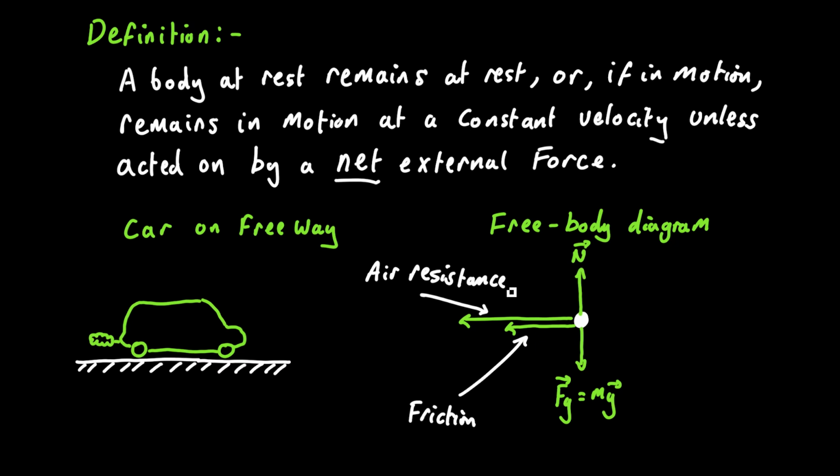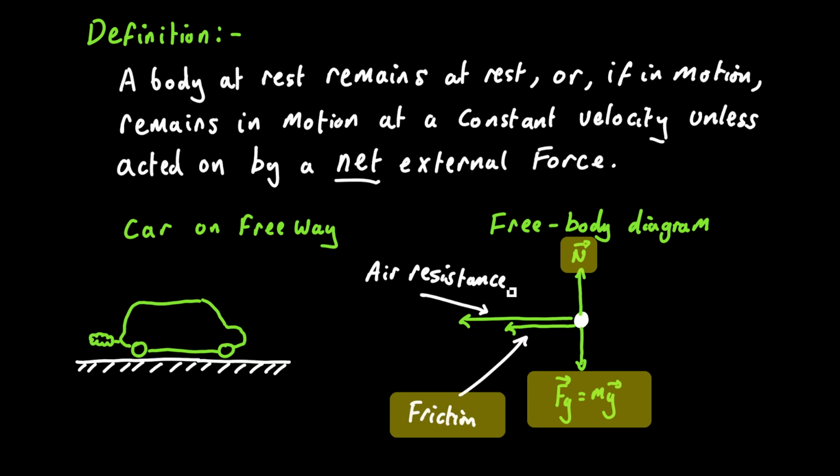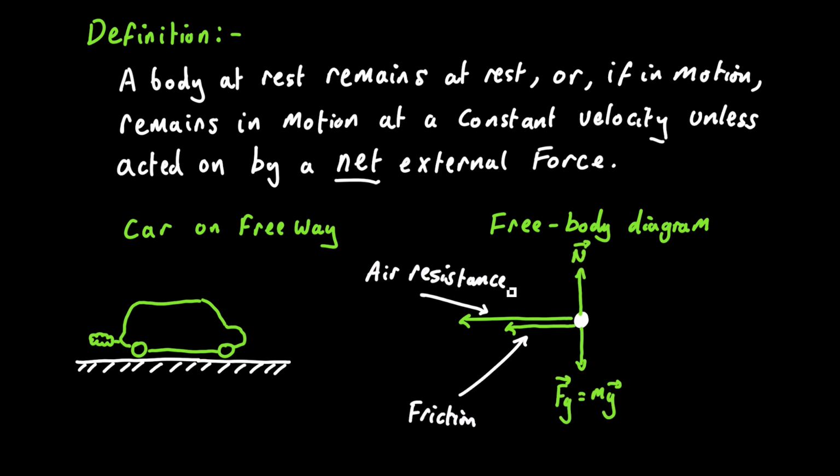Not only do we have the force due to gravity on the car and the normal force, we also have friction within the wheels, and we have air resistance as external forces acting on our body. So when we sum up these external forces, the net force is non-zero and points in the opposite direction to the velocity of the car. In other words, the car is going to decelerate. But if you have a look at Newton's first law, it still stands.